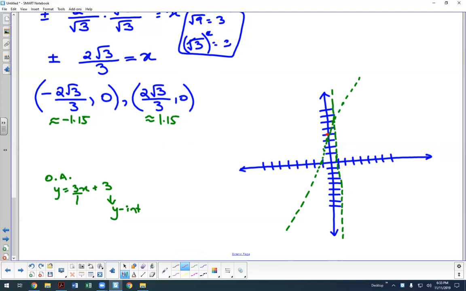0, 4, we should have our y-intercept, and approximately at positive 1.15 and negative 1.15, we should have our x-intercepts, which means we need to find our points around those values. So we probably want to do, I don't know, negative 4, negative 3, negative 2, and see what kind of points we get for that.